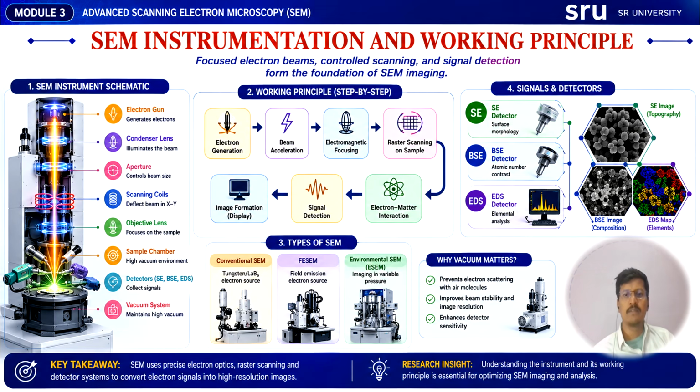Then the third step, the electromagnetic lenses focus the beam into a fine probe. The fourth step, scanning coils raster the beam across the sample surface.